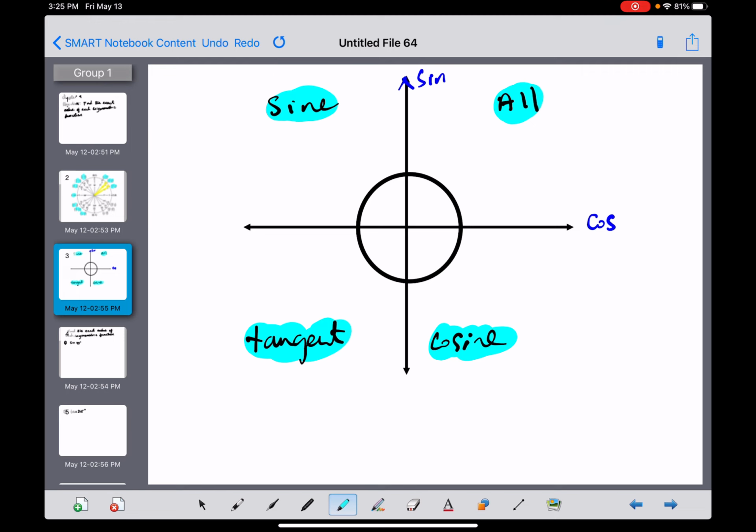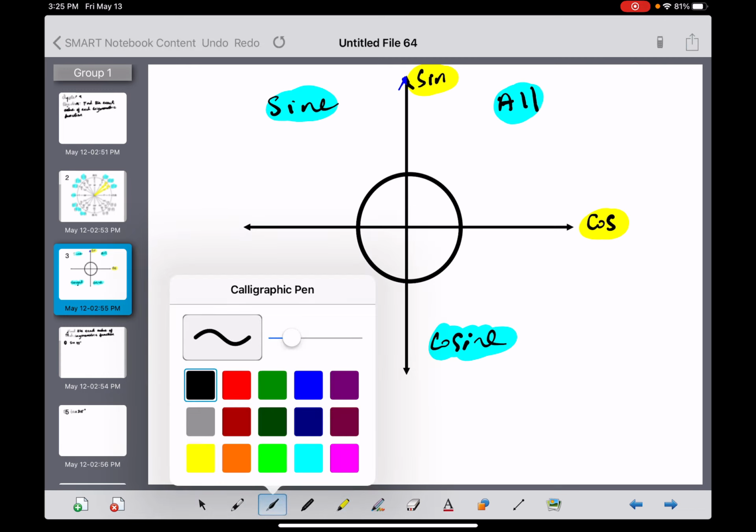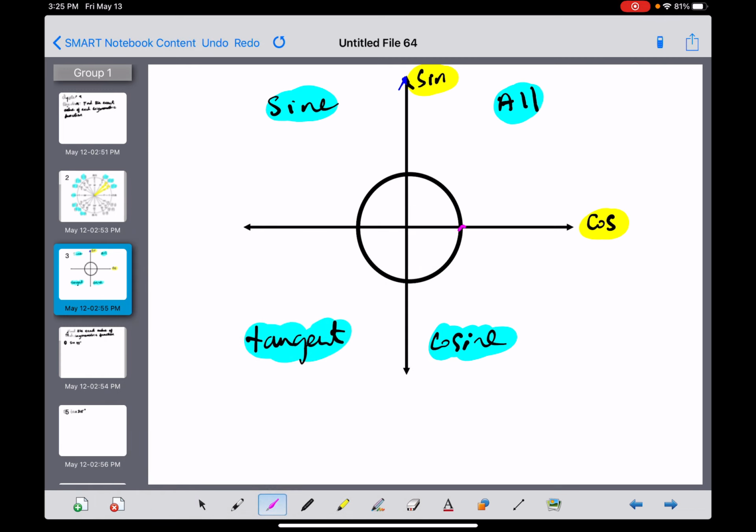Now when it comes to our coordinate plane, notice that the x-axis is cosine and the y-axis is sine. It's not x and y anymore, okay? So cosine is for x and sine is for y. For our circle right here, this point is (1, 0).